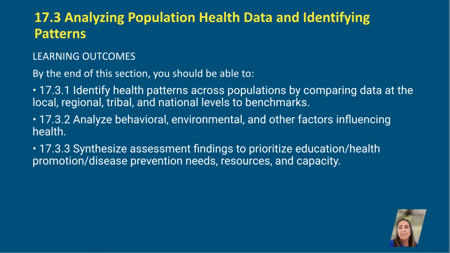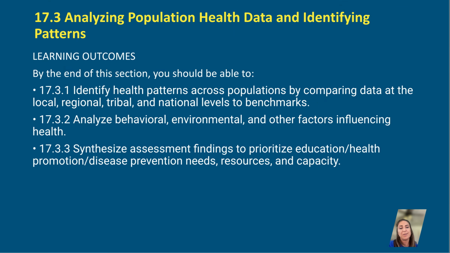Now we're going to be looking at analyzing population health data and patterns. By the end of this, you should be able to identify health patterns across populations, comparing data at local, regional, tribal, and national levels, and in comparison to benchmarks.